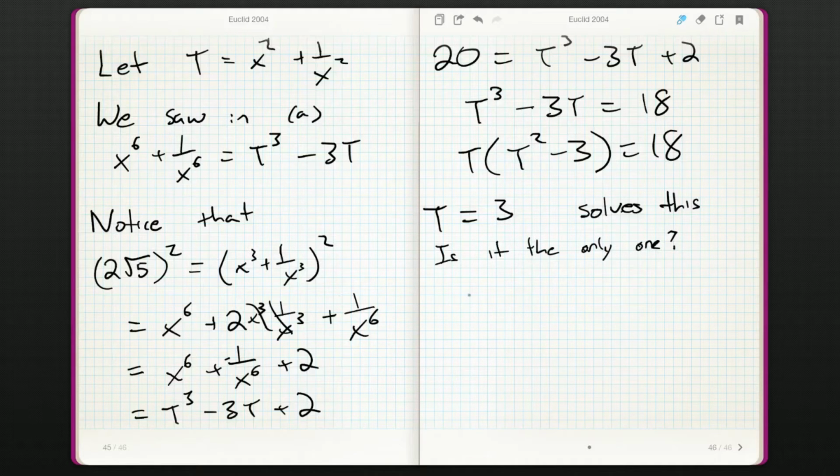As I recall, if I can do something like t cubed minus 3t minus 18, could I rearrange to get t? I think there's some way, something that says that sort of only has one solution, but let's instead say 3t is t cubed minus 18. Oh, okay, hold on.